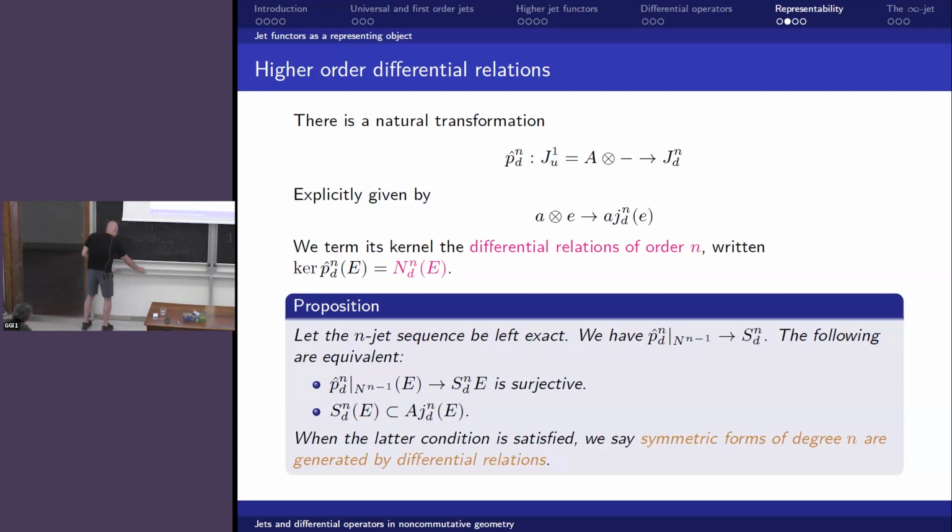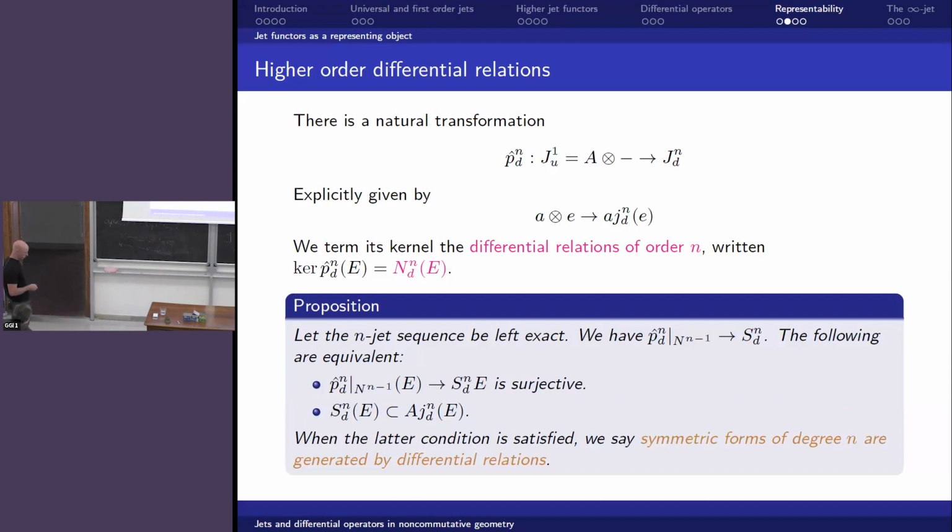N_n will include into N_2 and include into N_1, which will include into your universal. So you have this tower of smaller and smaller sub-bimodules of Omega^1_u.